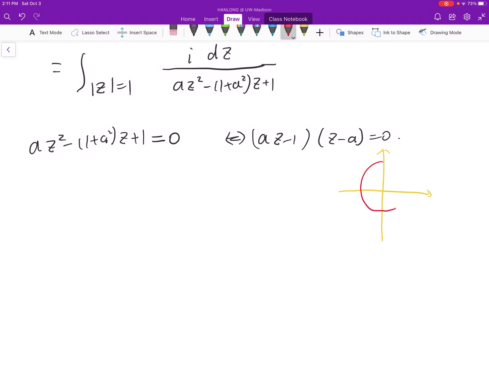One is inside the unit disk, which is a. The other one is 1 over a, outside the disk. Recall that a and 1 over a are on the same line with the origin, and they have the opposite angle.